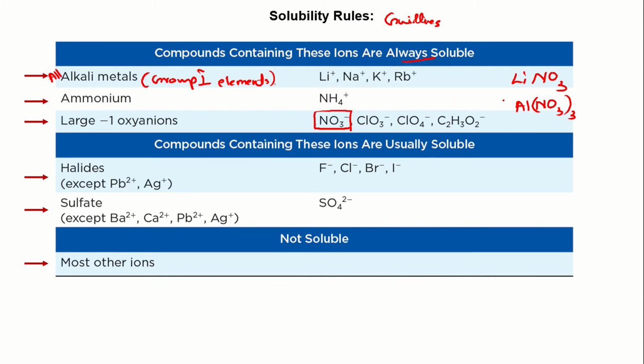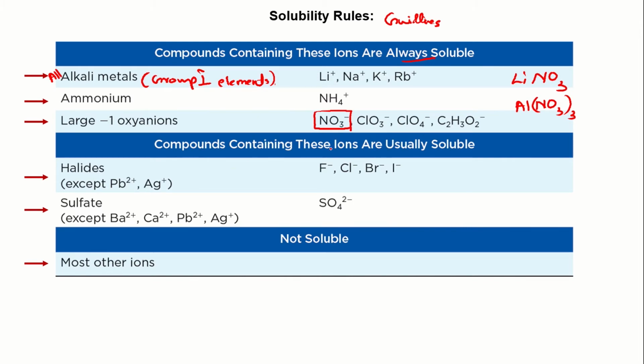How do you know if this substance, aluminum nitrate, is soluble or not? Because of the nitrate group. Here it has listed nitrate as an always soluble substance. So if nitrate is going to dissolve, the other one has to dissolve. So this substance, aluminum nitrate, is water soluble. Why? Thanks to nitrate, nitrate being always water soluble.